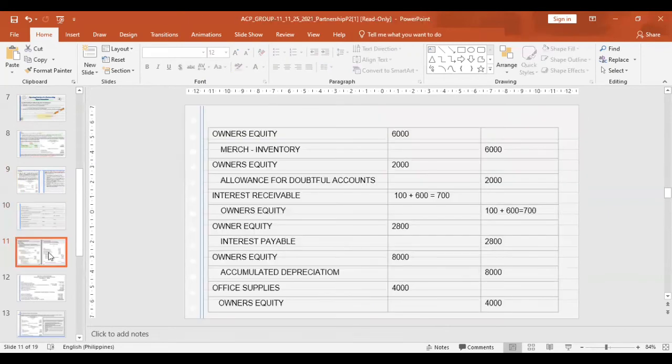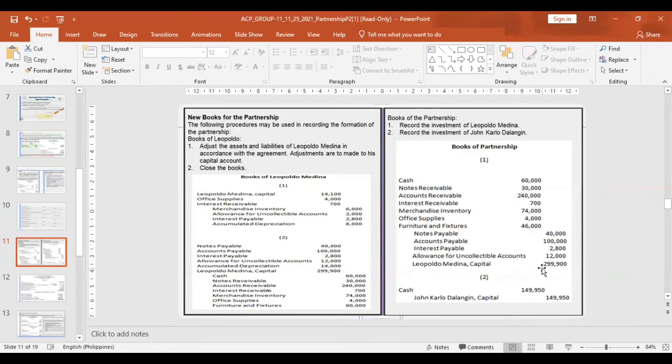So, pagdating ito sa libro ng partnership, capital ni Leopoldo is 299,900. So, kalahati niyan, yun yung ibibigay ni Giancarlo. So, cash yung ibibigay niya. So, i-record mo din yun as cash na 149,950. Then, Giancarlo Dalangin, Capital, 149,950. So, ganyan i-record if yung kapartner mo is may business na dati.